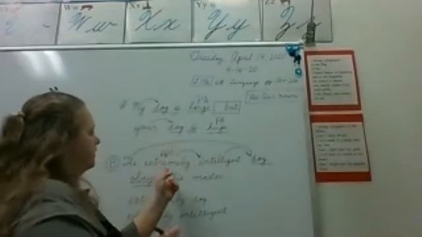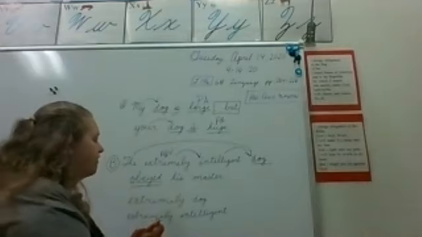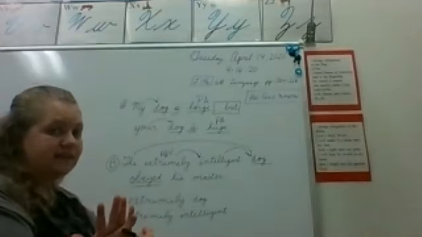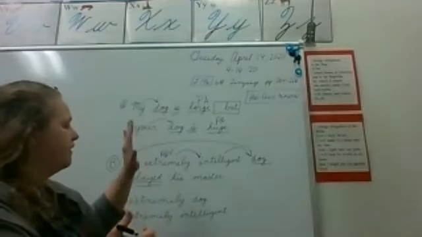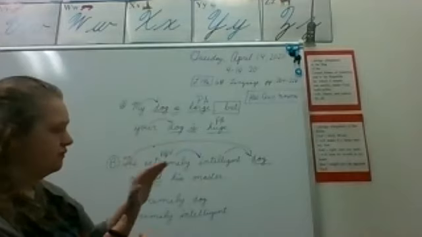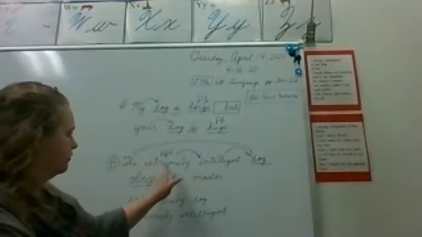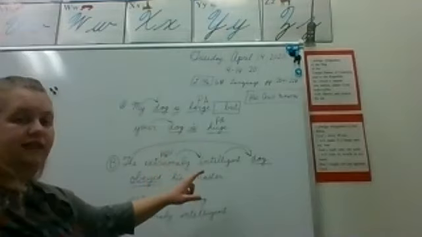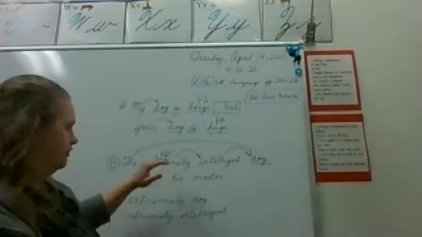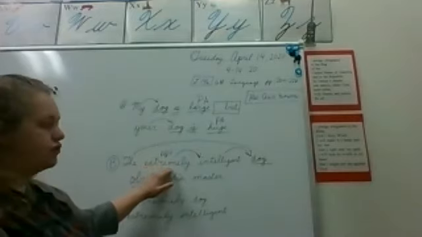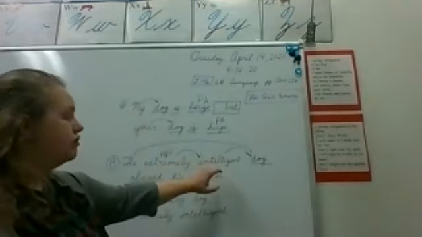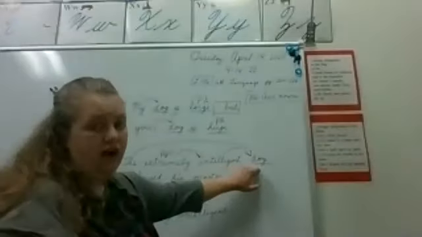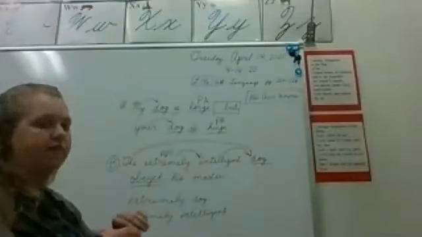Okay? So if you can say the two words together and they make sense, then it is, in this case, it would be an adverb because it's describing the adjective. But we could also do the same with intelligent dog, right? And this would be an adjective, okay?